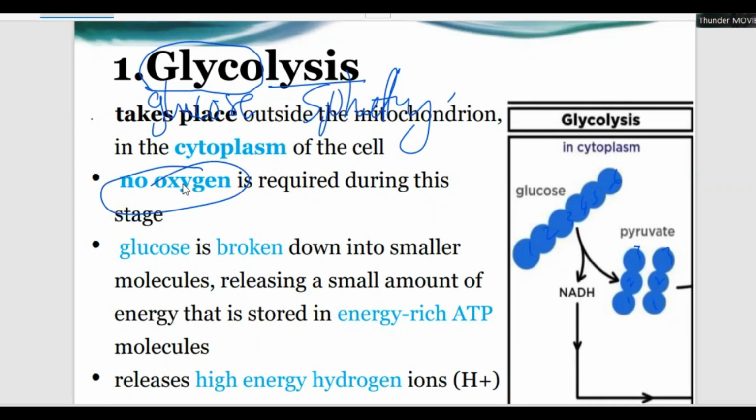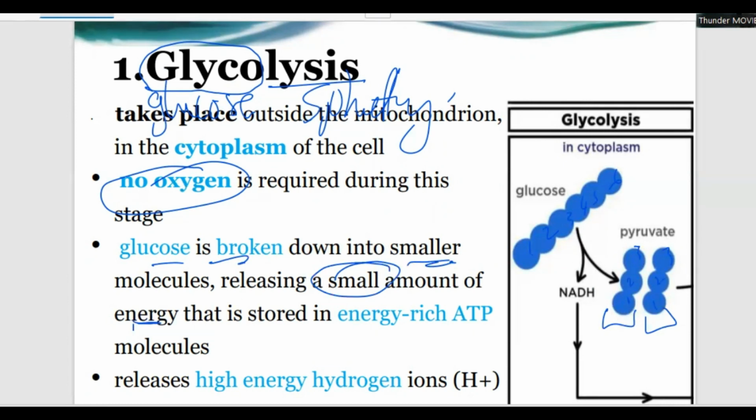It is only glycolysis which takes place without oxygen being present. The glucose molecule is broken down into smaller molecules made up of 3 carbon atoms, and a small amount of energy is released and stored in energy-rich ATP.